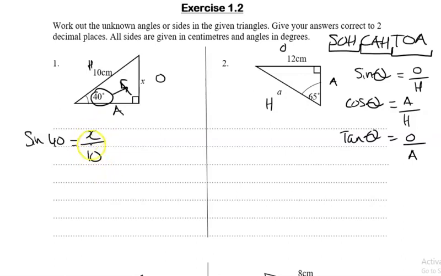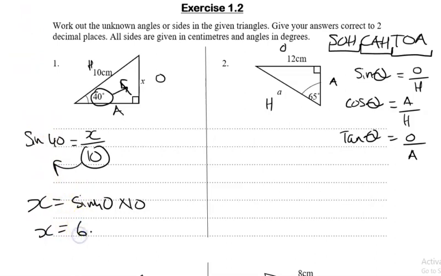Now we want to work out the value of x, so we take the 10 to the other side, it becomes multiply. So x is going to equal sine 40 times 10. You plug this into the calculator as it is, 6.43 centimeters, correct to 2 decimal places.